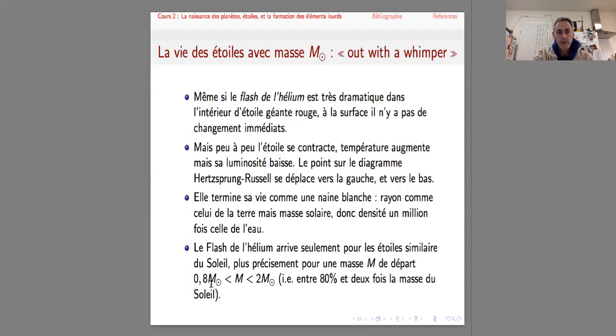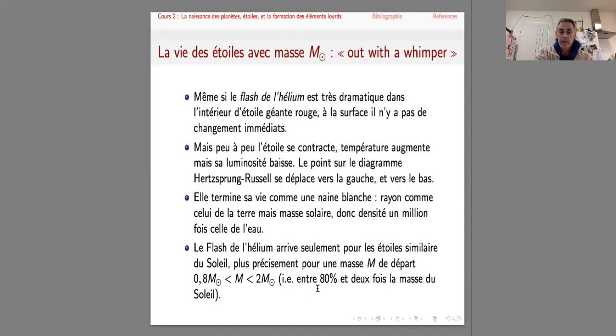Should be in this mass range here. And if you're not used to reading that, I'll convert it to words for you. It's between 80% of the solar mass and 2 times the solar mass.